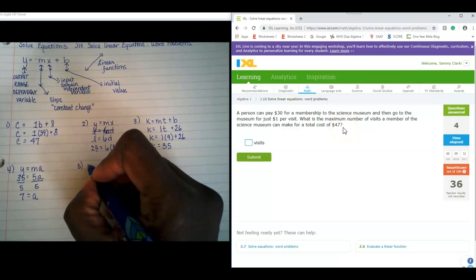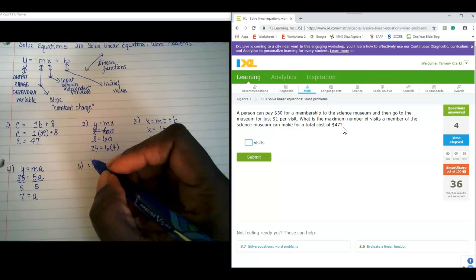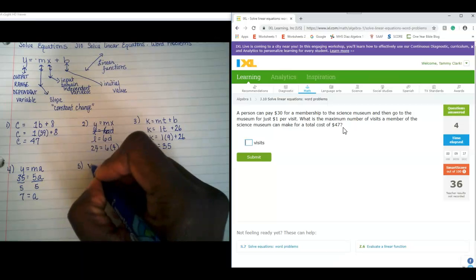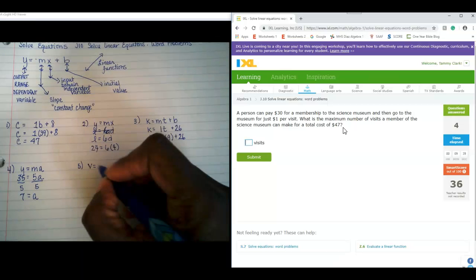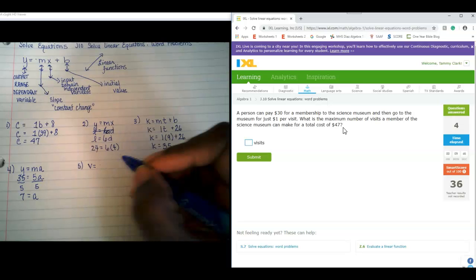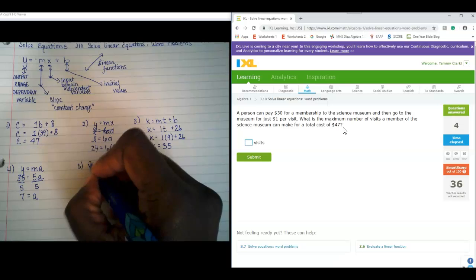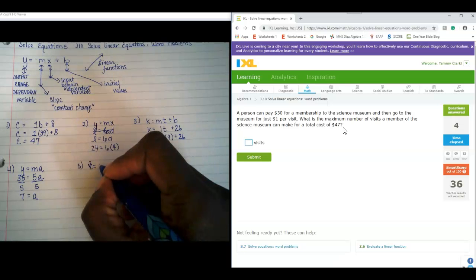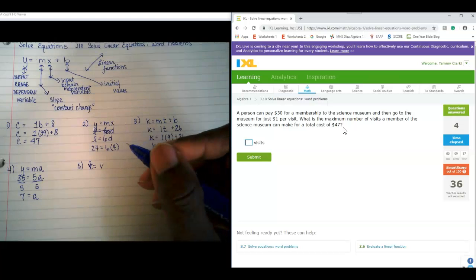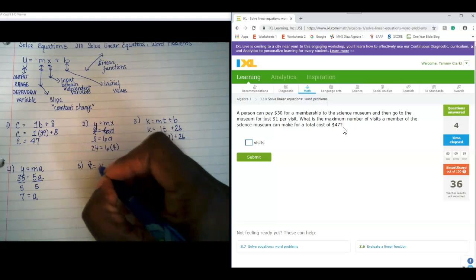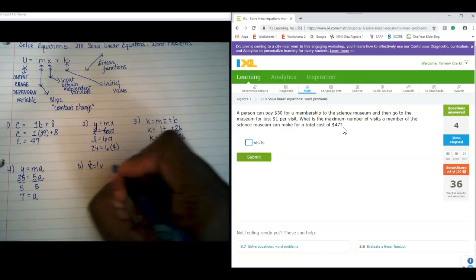So we've got visits is equal to how much it costs per visit. Let's make this a T for total. And we're going to do cost per visit. And we know it's $1 per visit plus the $30 you pay for the membership.